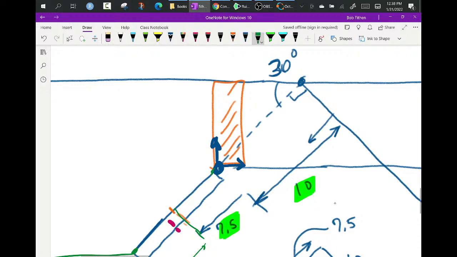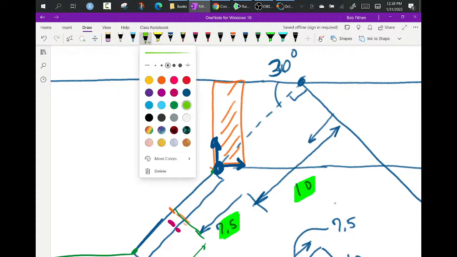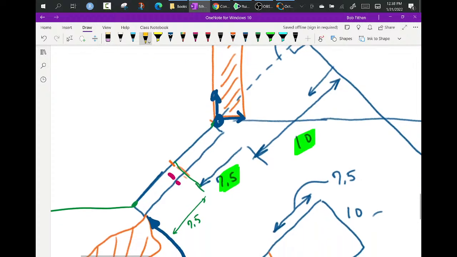I'll change the pen type. Here, I'll use a weird color. So the pressure, well, that's too big. Here.